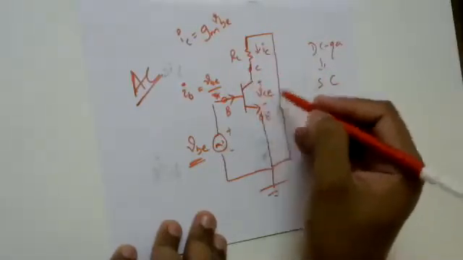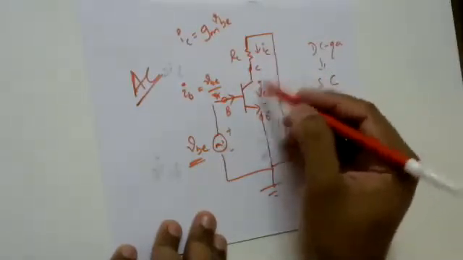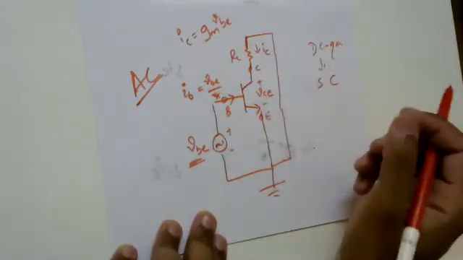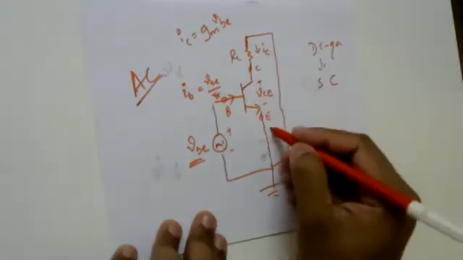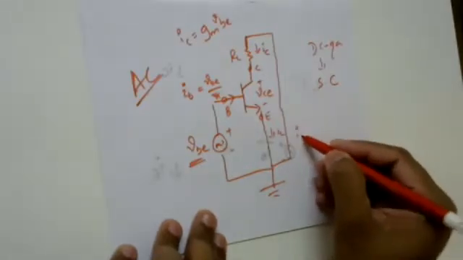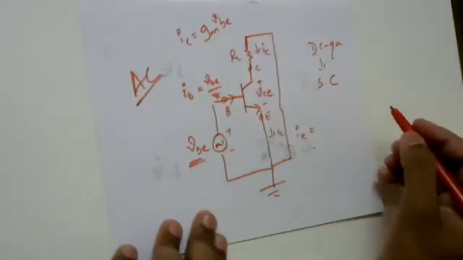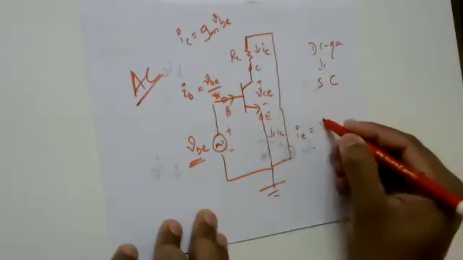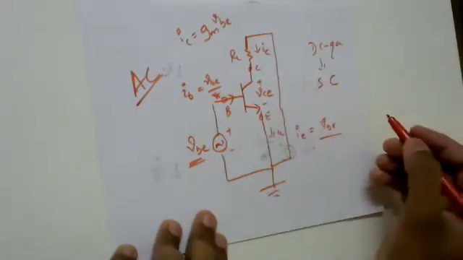You can see none of the terms are capital in nature. All the terms are represented with small alphabets. And this is my emitter current IE, which is defined as VBE divided by RE.